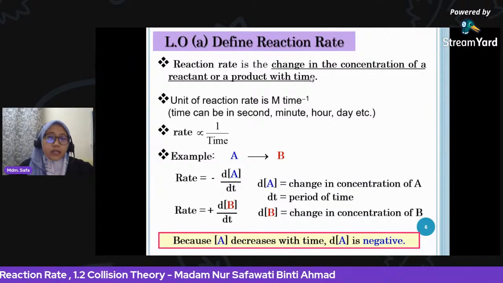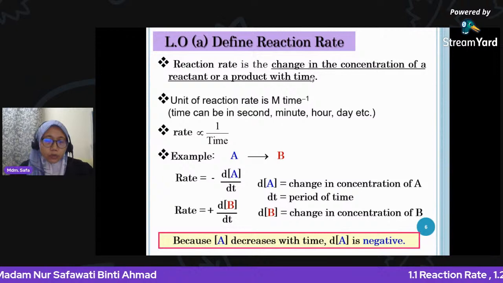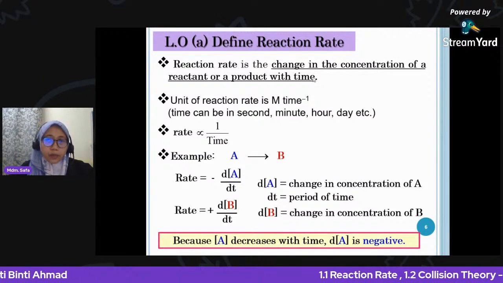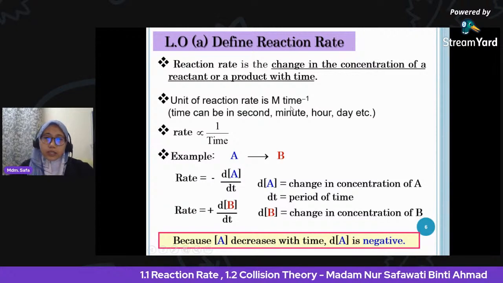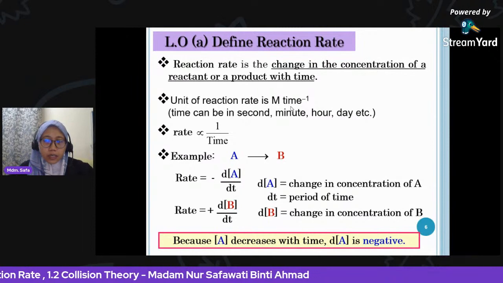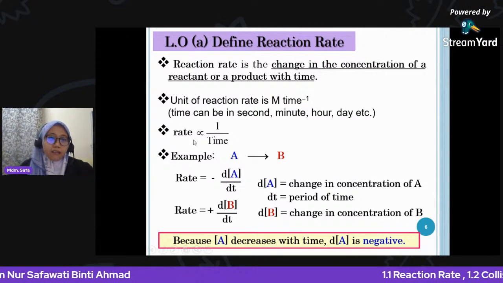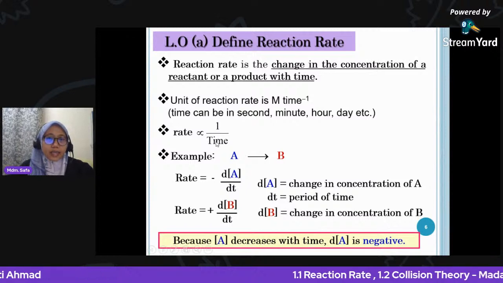The unit for the reaction rate is molar per time, where time refers to seconds, minutes, hours, days and so on. So rate is inversely proportional to time.